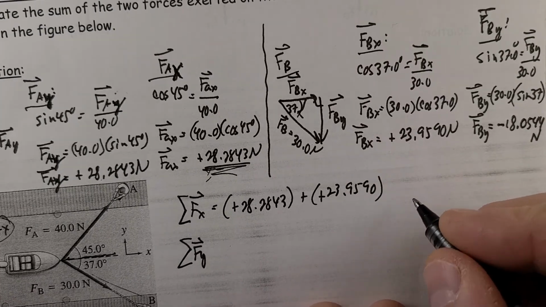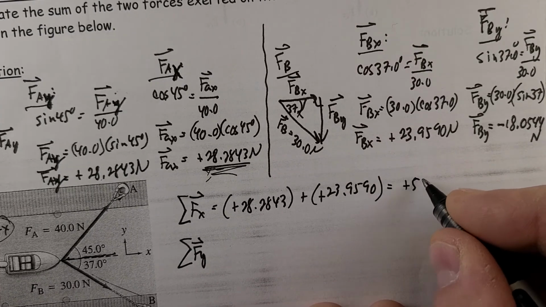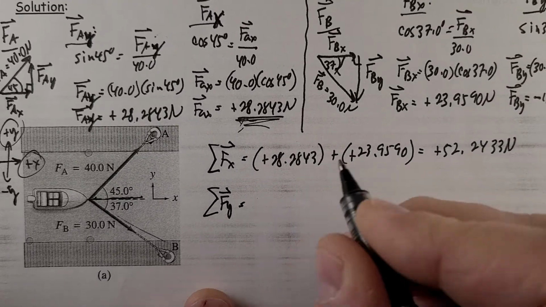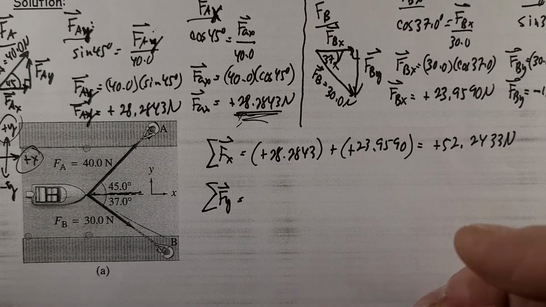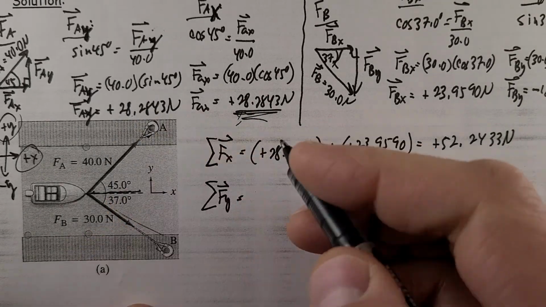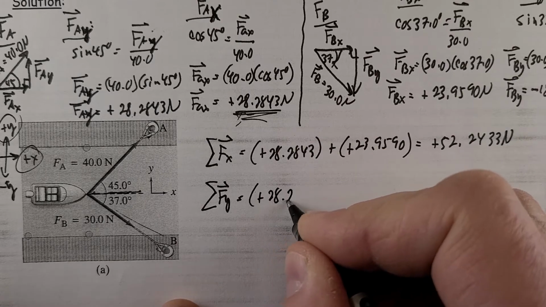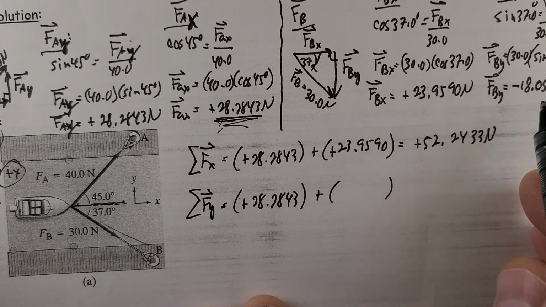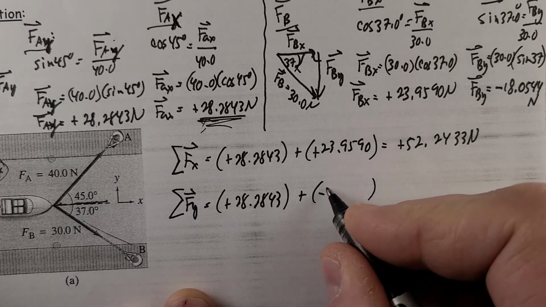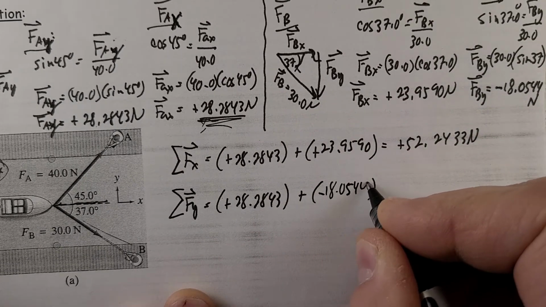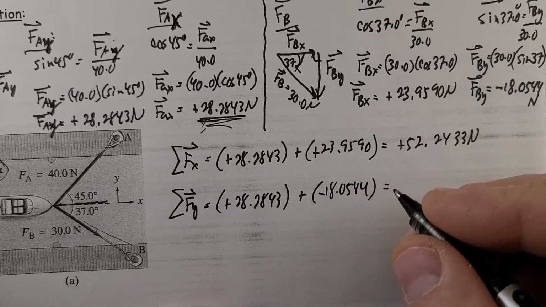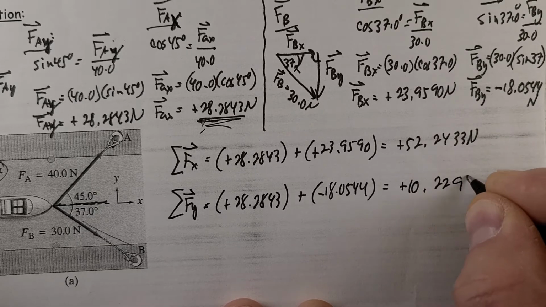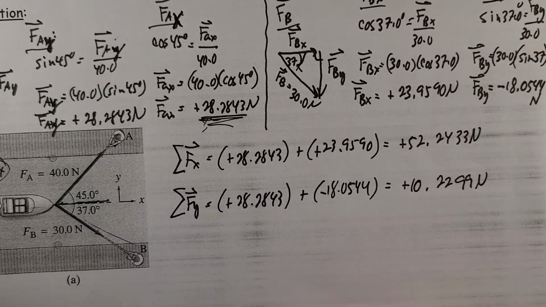That's going to give me a grand total of plus 52.2433 newtons. And then if I add in my Y's, here's my Y, again another plus 28.43. And my Y from over here was the negative 18. So 28 minus 18, 10.2299 is what I get.